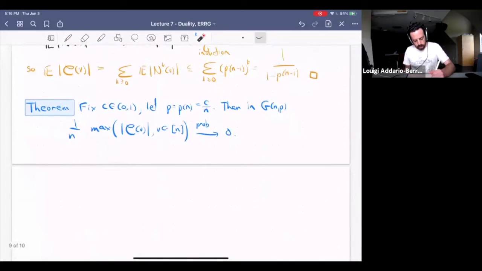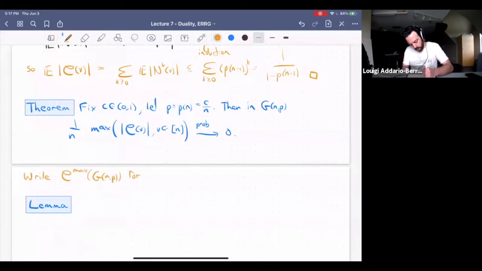To prove this, I'll use the following easy lemma. Here and hereafter, I'm going to use the notation C_max for the lexicographically least largest component of G(n,p).